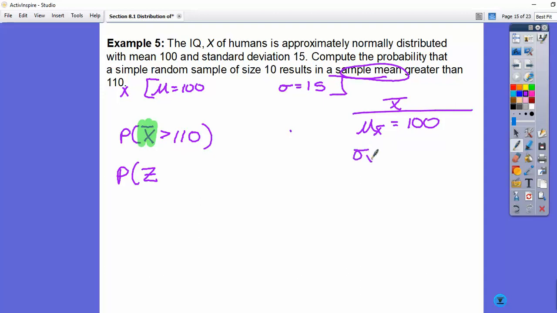Then the standard deviation of the sample means would be, remember, if you have forgotten, look on your formula sheet. We are in chapter 8 and they are right there. So if I plug this in, my X bar is 110 minus the mean of X bar, 100, over the standard deviation of X bar, which is 15 over radical 10.